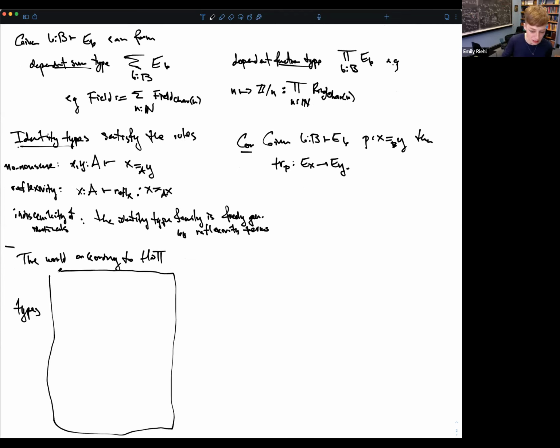This perspective is due to Vladimir Voevodsky. Among the types, I have certain types which are called sets. Sets are also known as the zero-dimensional types, and these include things like the natural numbers and R. There's a layer below the type of sets, which are called propositions or -1 types.